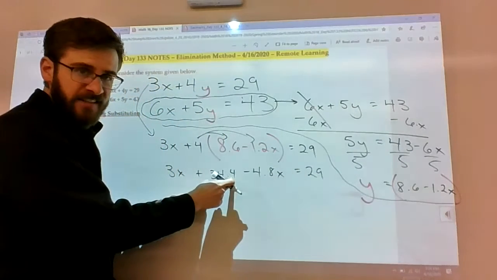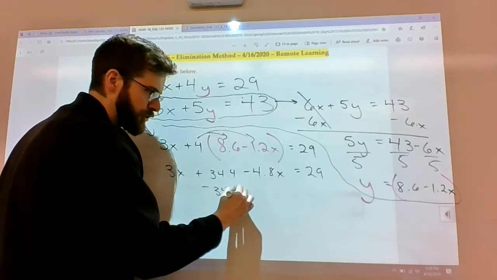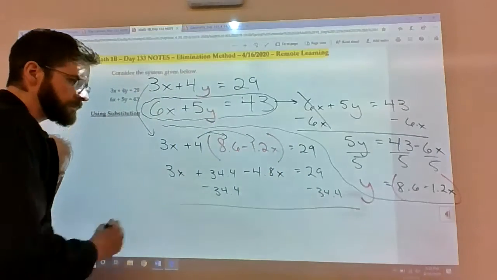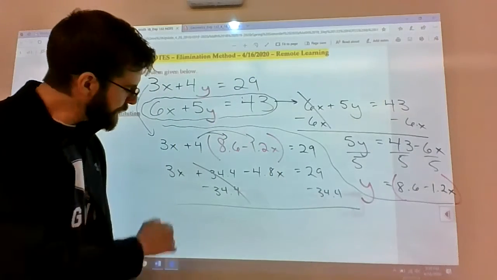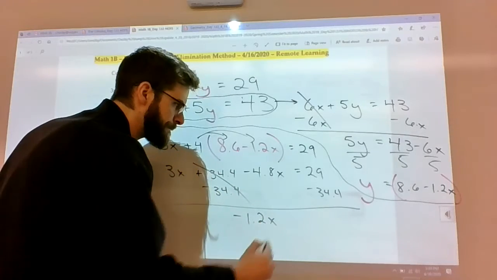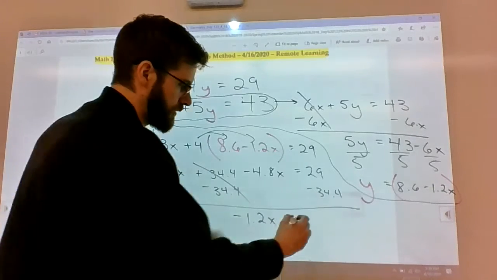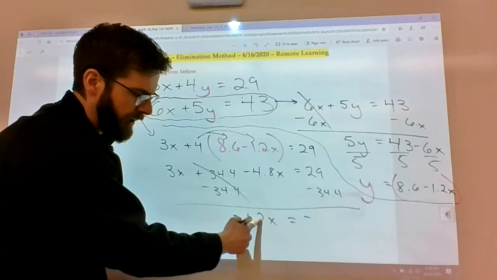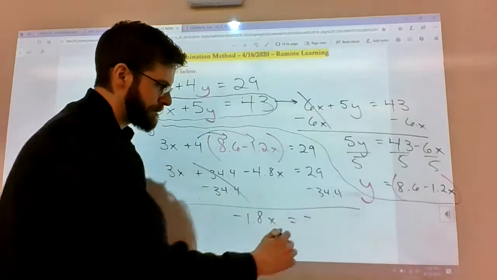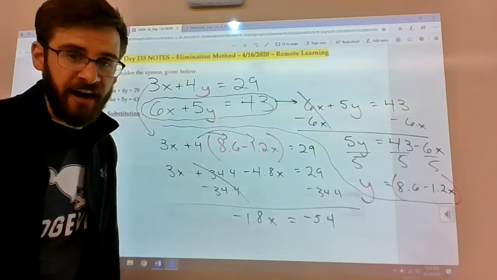Since there's only one constant on the left, I'm going to move that right away to the 29 on the right, thus canceling it on the left. 3x minus 4.8x is going to be negative 1.8x. Forgive me, I said 1.2 earlier. Equals negative 5.4 on the right.